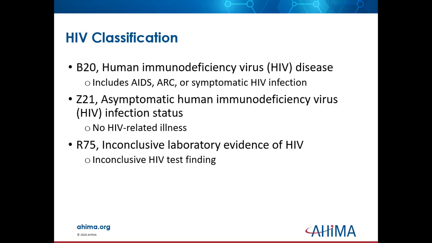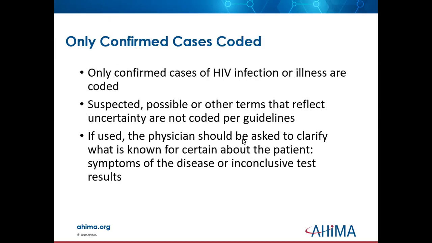If they're inconclusive, in other words, they've had the test, but it's inconclusive about whether they do or do not have AIDS or the HIV virus, then it's a signs and symptoms code of R75, inconclusive HIV test finding. We only code confirmed cases of HIV infection or AIDS.